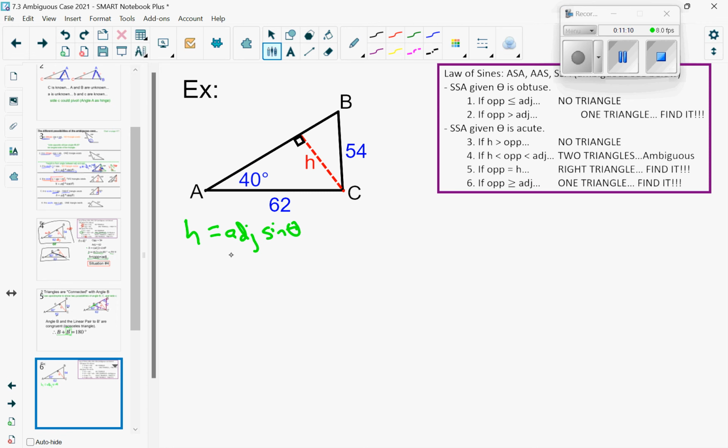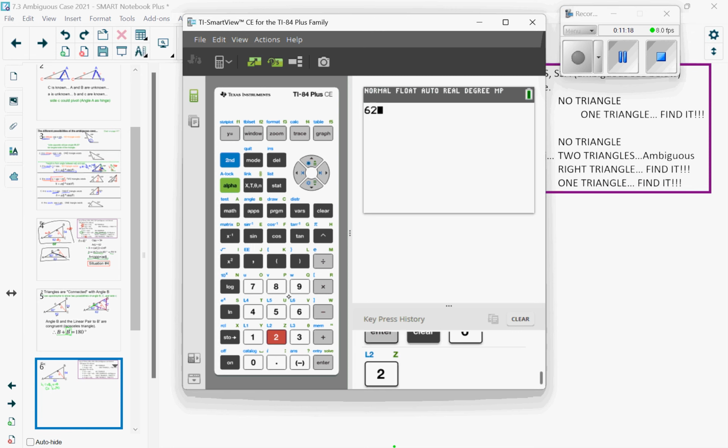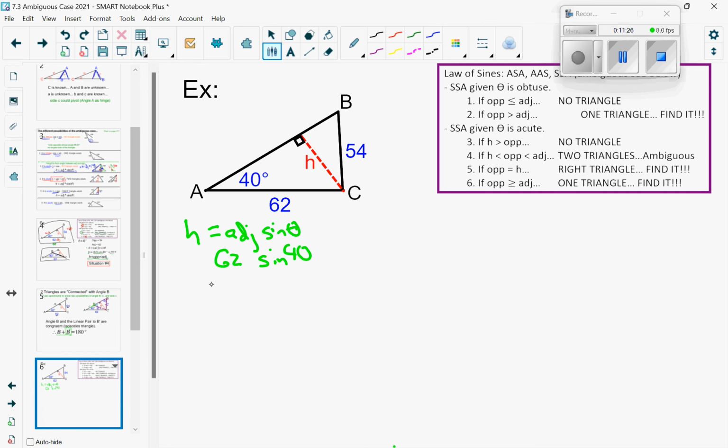So my adjacent being 62, my angle being 40, 62 sine 40. Make sure we're in degree mode. We get 39.9. So again, we're getting option 4. My h is less than my opposite, which is less than my adjacent.